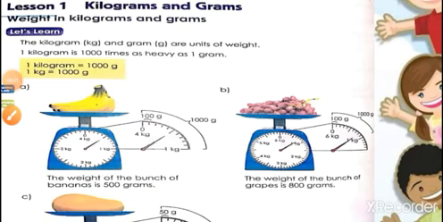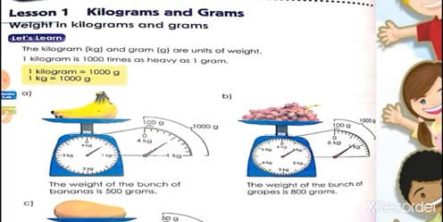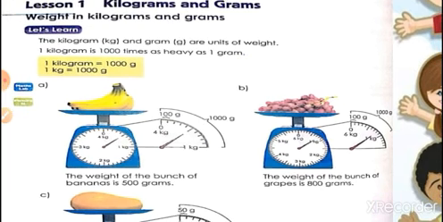Now, can you tell me which unit of weight we use to measure heavy objects? Here we have read that 1 kilogram is 1000 times as heavy as 1 gram. It means that 1 kilogram is equal to 1000 grams, meaning 1 kilogram is 1000 times heavier than 1 gram.